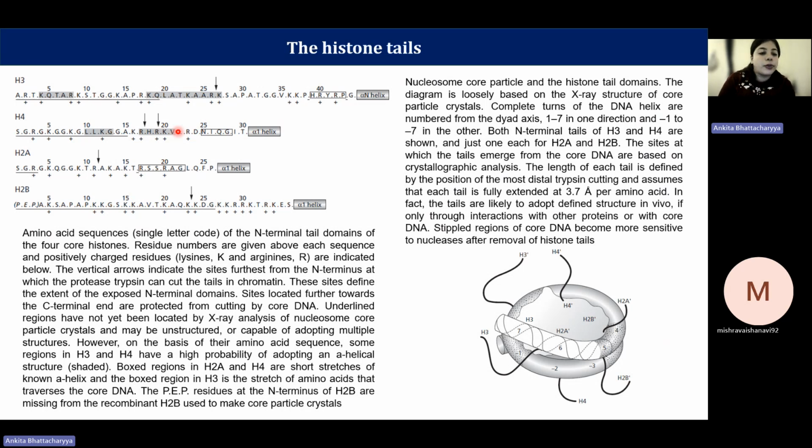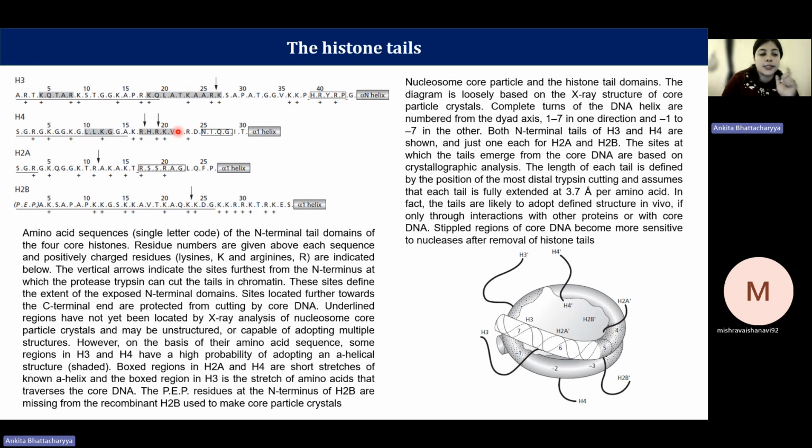But overall, what we see are different properties. First, the length of the histone tail is different for each of the different histones. Second, the presence of positively charged amino acid is also variable across different histones. Third, there are certain regions which form a part of the helix that constitutes the histone fold, which performs histone handshake and constructs the entire central histone octamer.